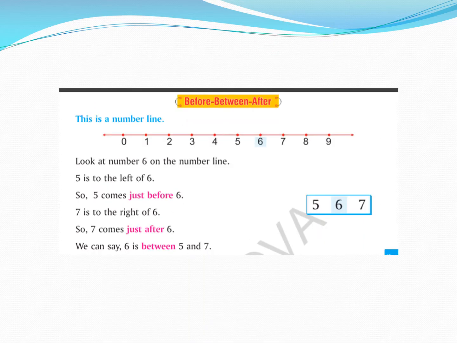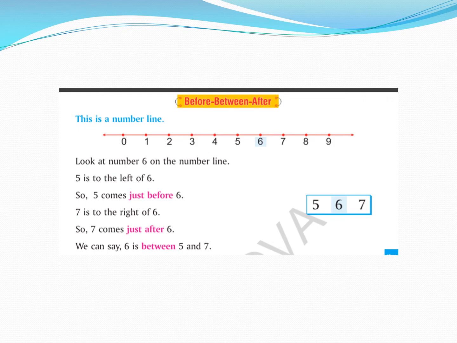The next concept which we are going to revise is numbers before, between and after. You can see this is the number line which is from 0 to 9. Now we will take one example, that is number 6 on the number line. You can see 5 is to the left of the 6.